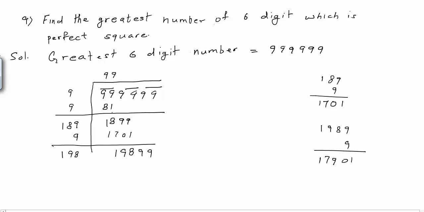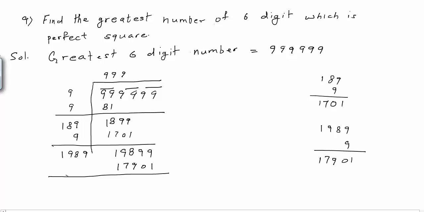Again, it is smaller than this 9899. So I will write 9 and 9 here. So the number I will get is 17901.